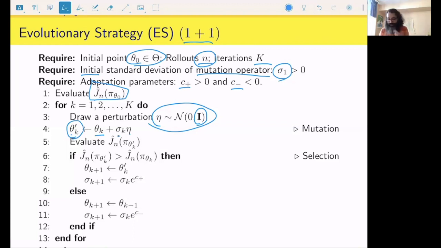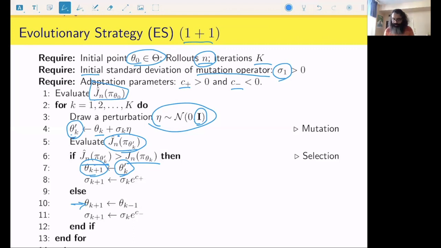That basically says how much noise we add. Now we evaluate it, and then we do something similar to the procedure for random search. If the performance of this new pi of theta prime is better than the previous performance, then we substitute pi k plus 1 with pi prime of k, what we generated. If not, we keep the previous value.